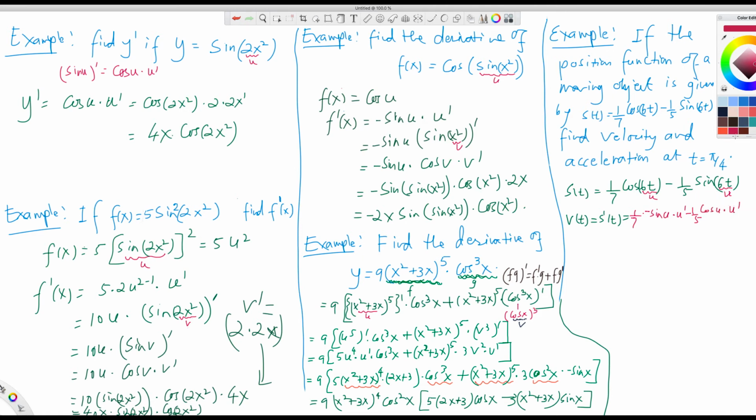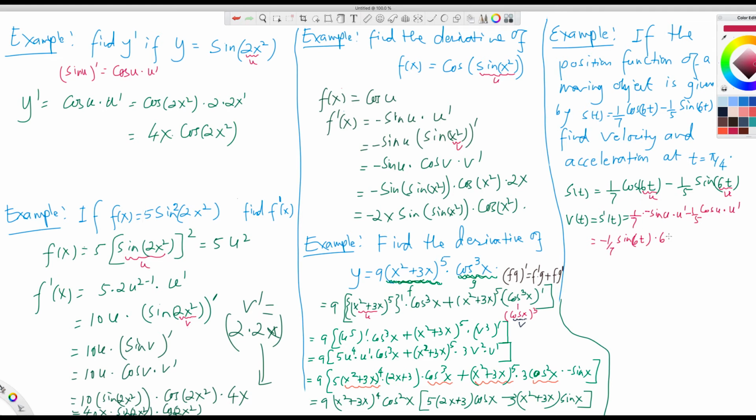So let's plug the values back in. This is negative 1/7 sine 6t, because u is 6t, times the derivative of u. What is u prime? The derivative of 6t is just 6, because this is a function of t and you are finding the derivative with respect to t.